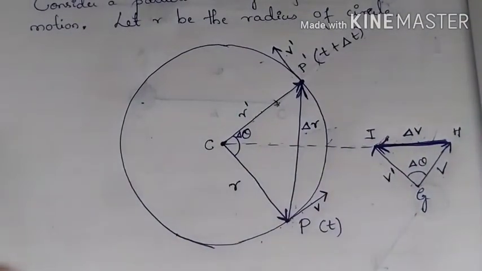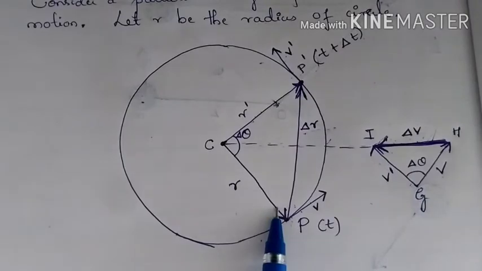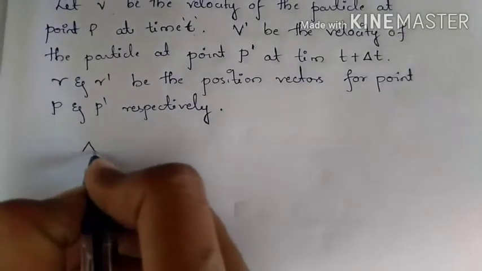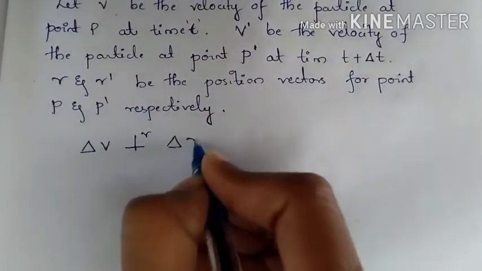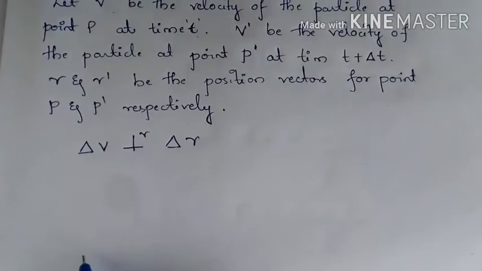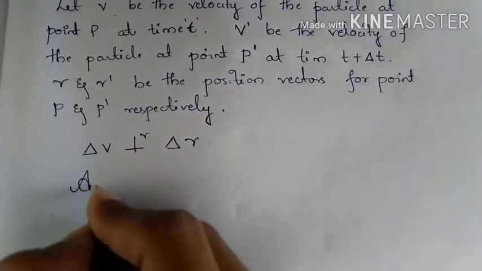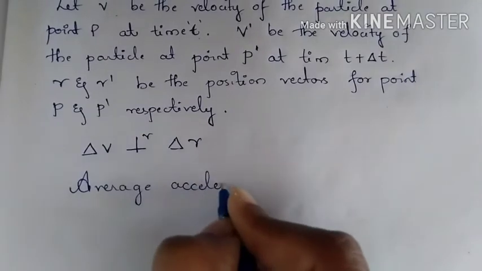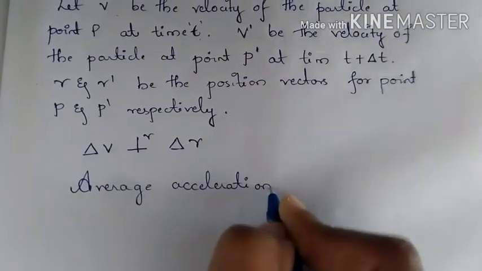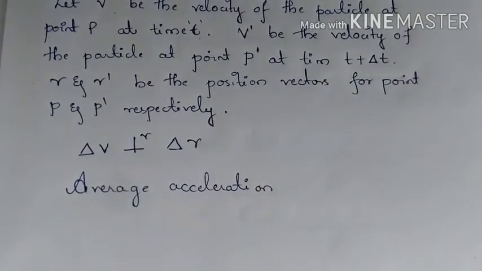This is the theory behind uniform circular motion. Now let us understand what the average acceleration will be. Delta V is perpendicular to delta R, so from that we can write the average acceleration. Acceleration is the rate of change of velocity.